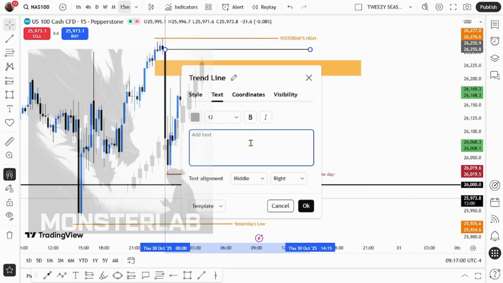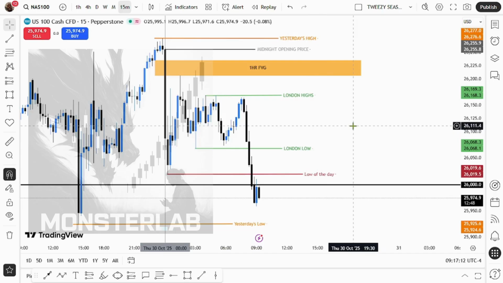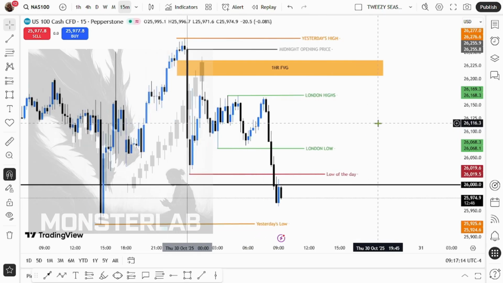Big price will be reached for yesterday's low. I'm watching yesterday's low. This is the midnight opening price, where price opened during the midnight opening price.